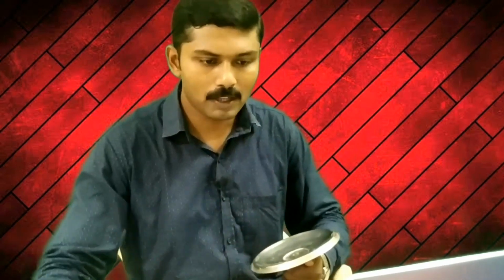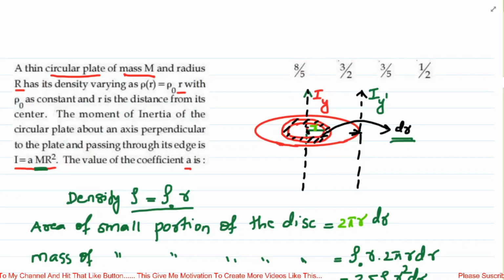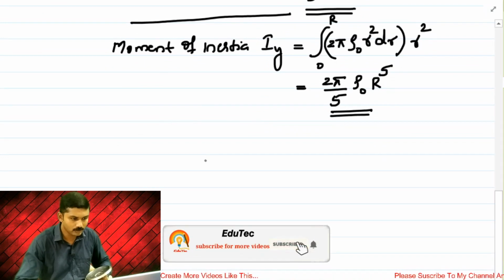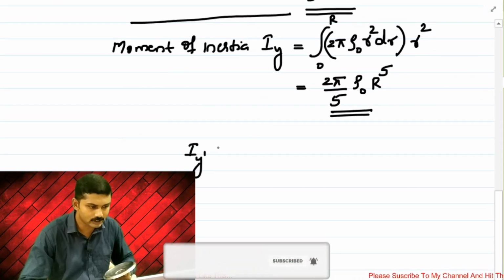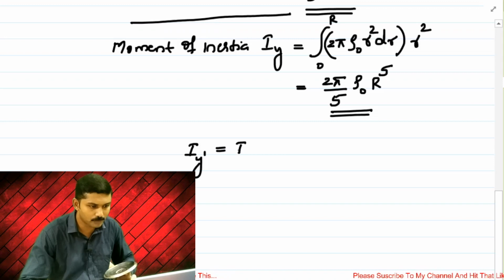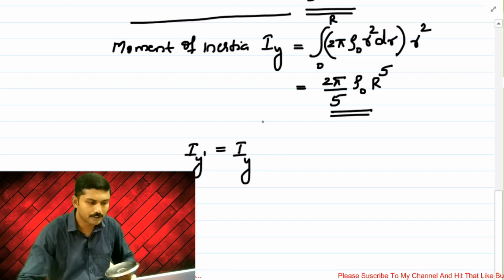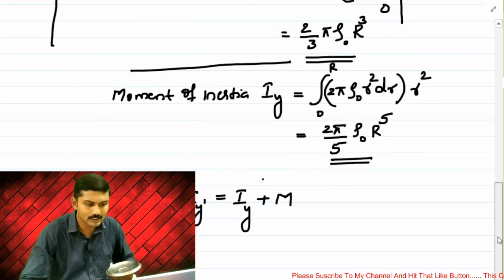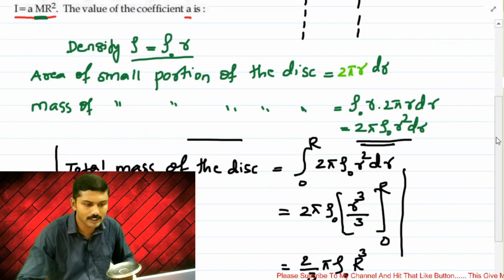If I apply the parallel axis theorem here, the total moment of inertia passing through the y dash axis is what we need to find. We first have to know the moment of inertia passing through the y axis, plus the total mass of the disk multiplied by the distance through which you are shifting the axis.